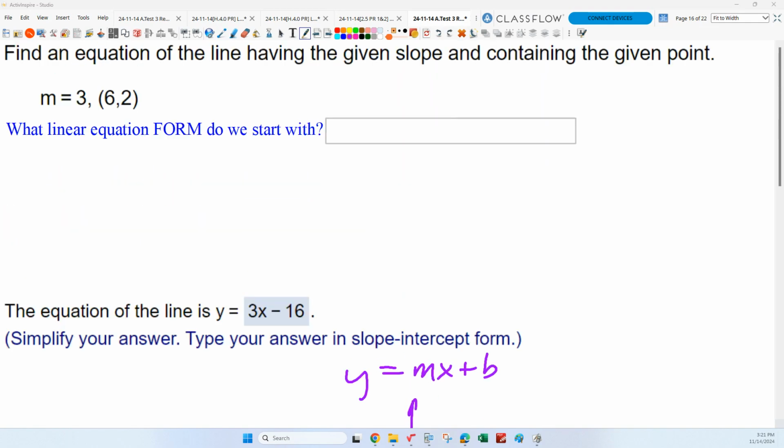I can't start with slope-intercept form because I know a slope, but I don't know an intercept. So what's the equation that I'm going to use to start this time? Where am I going to start on this one? Cale, what equation am I going to start with if I'm given just a random point and a slope?